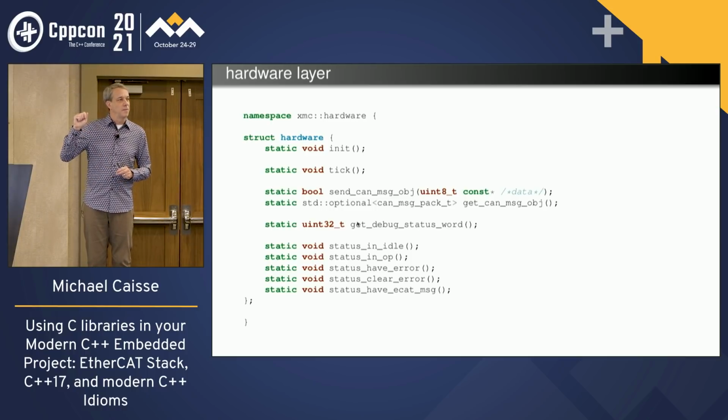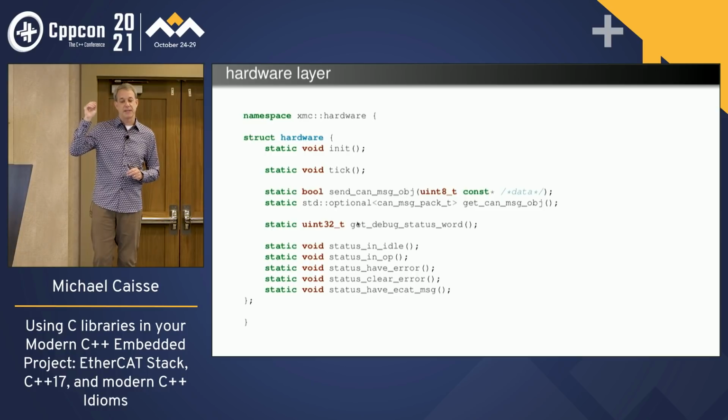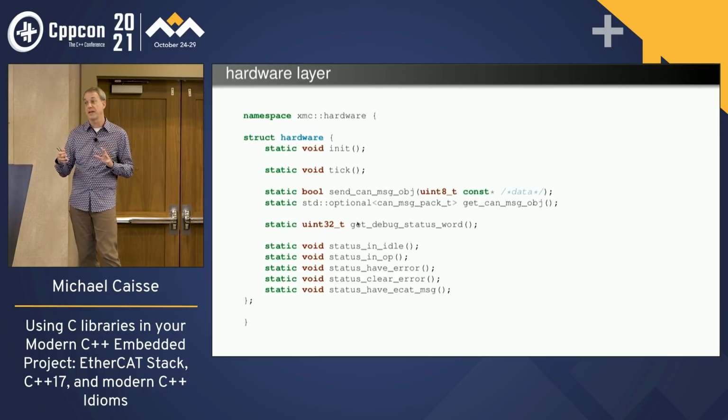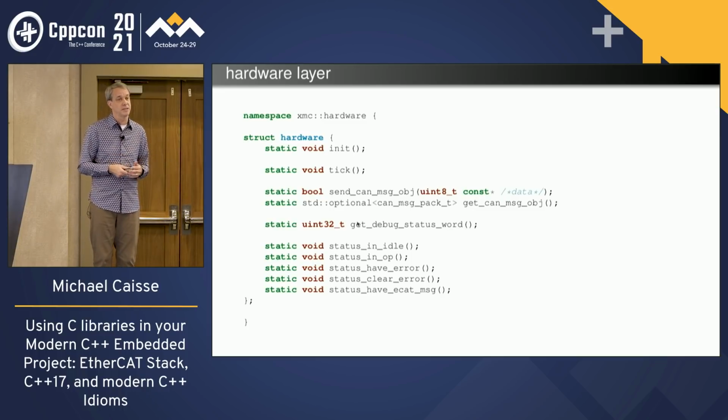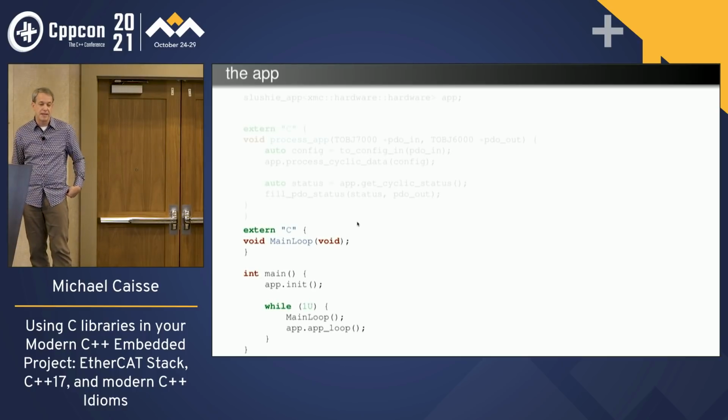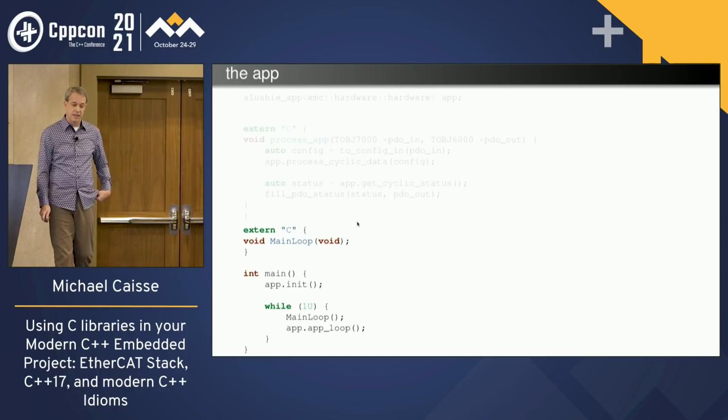Instead, what I'll end up normally doing is just have something like this where I say status and idle. Status, clear error, gives me an idea of what the status is of a particular thing. And how do I respond to that? It can be very different depending upon what the target looks like. A simulated target would look very different than hardware. My main loop now looks like the init and the app loop.